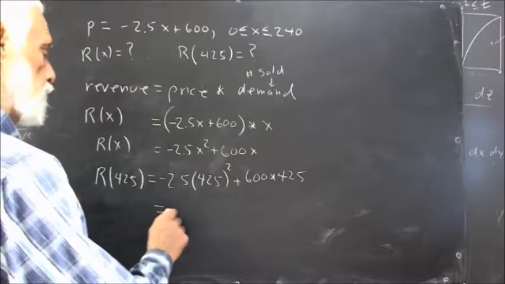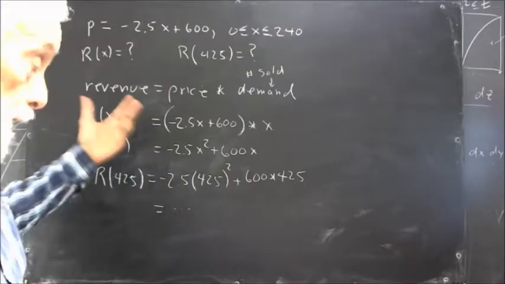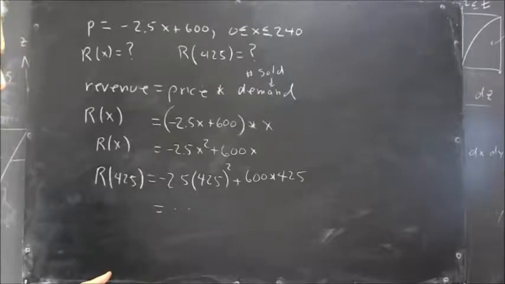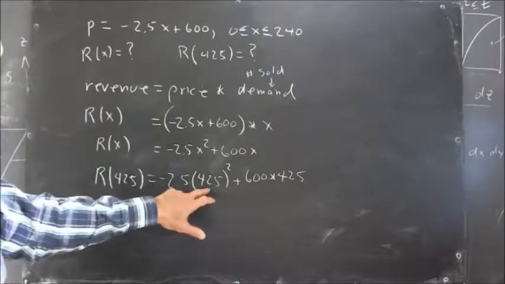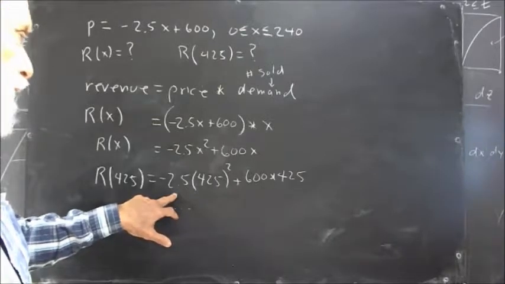And then this equals, well, I'm not going to do that arithmetic in my head. 400 squared is about 160,000. 500 squared is about 250,000, sorry. So that's going to be a little less than 200,000. That's going to be around negative 500,000.